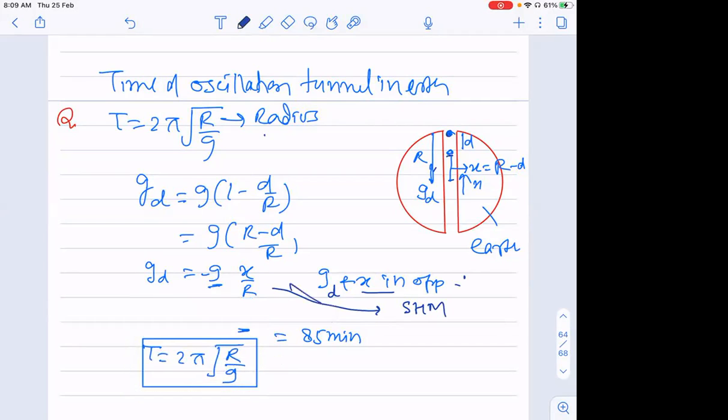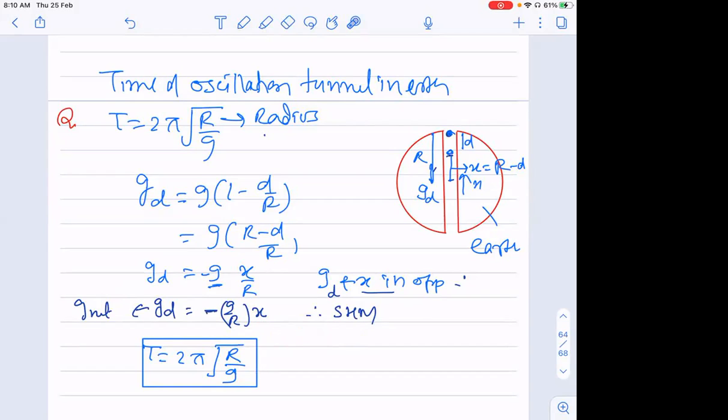So this can be written as, okay, I will write it once more. So g depth, this will be g net, है ना, net acceleration, minus g by r into x. So since g net, the net acceleration, is directly proportional to x in opposite direction, therefore SHM, all right, and time period will be 2 pi under root of this thing inverted, and r ऊपर जाएगा, g नीचे आ जाएगा.